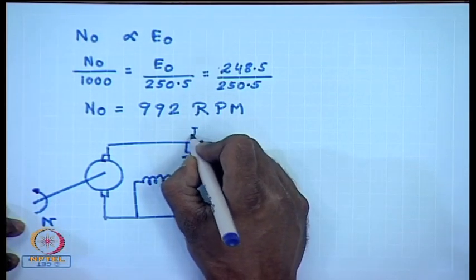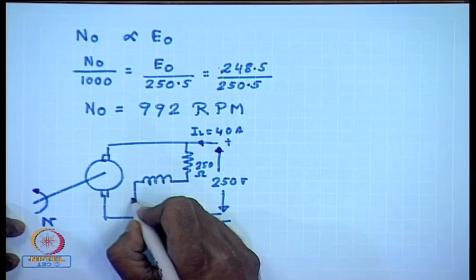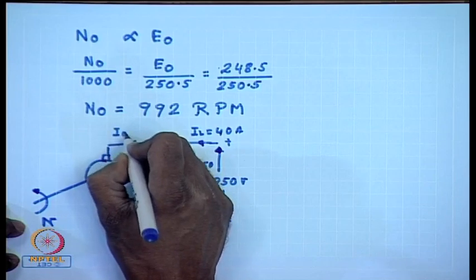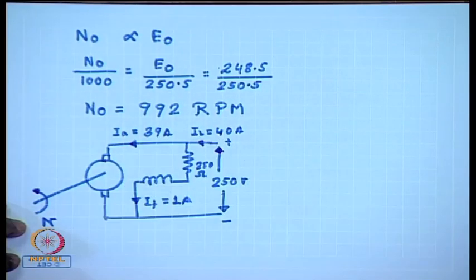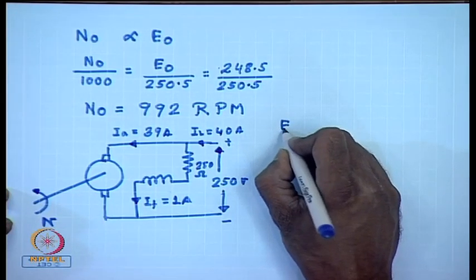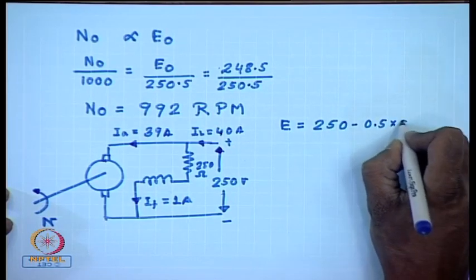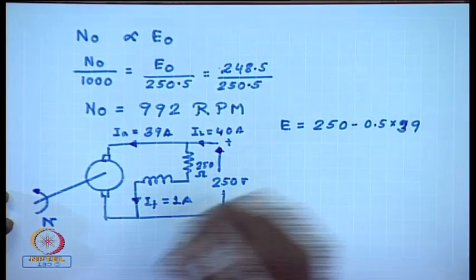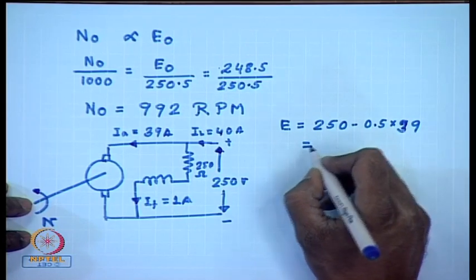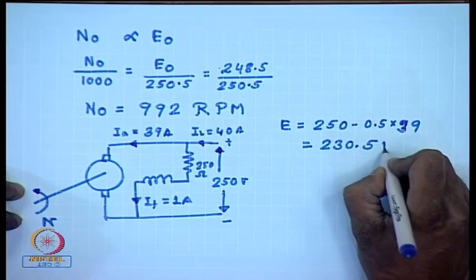The load current drawn IL equal to 40 ampere, and Rf is still 250 ohm. So, this is IF equal to 1 ampere and IA equal to 39 amperes. So, what is E under load condition? 250 minus 0.5 into 39, this gives you 230.5 volts.